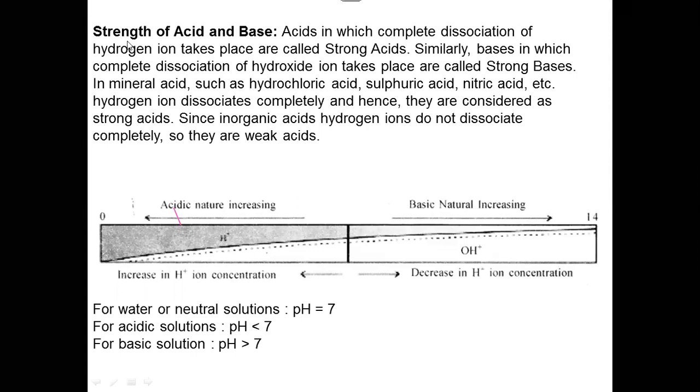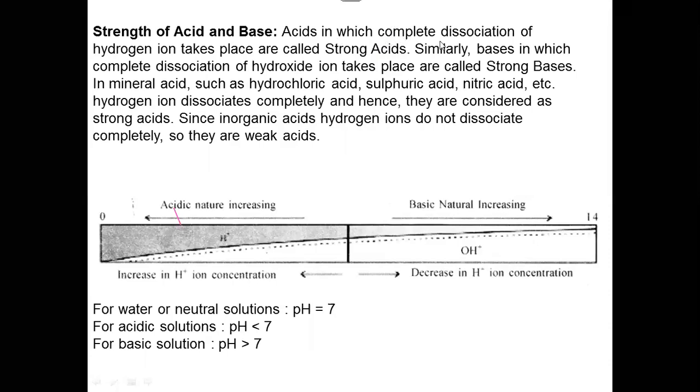Then the strength of acids and bases. The strength of acids and bases is based on their pH value, that is, on the basis of their concentration of H plus ion in acids and OH minus ion in bases.